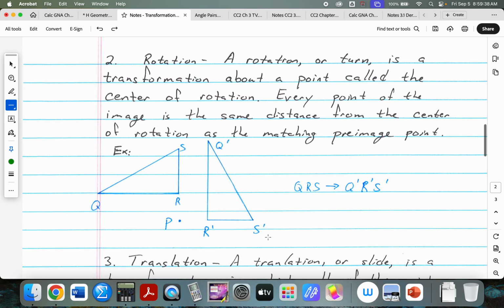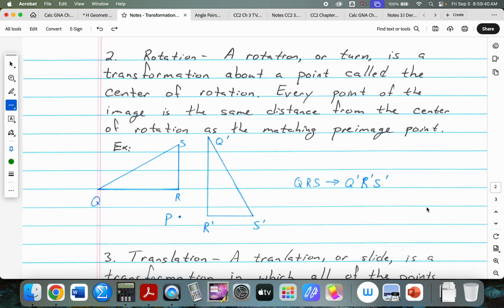A rotation, or what you may have called a turn in, again, elementary classes and the like, is a transformation about a point called the center of rotation. Every point of the image is the same distance from the center of rotation as the matching pre-image point.